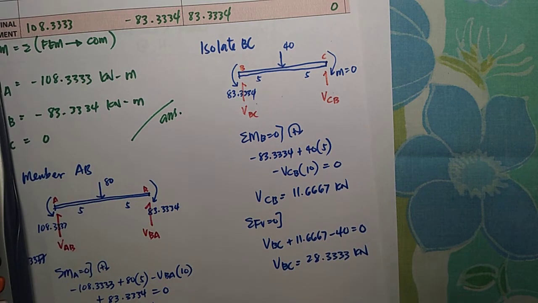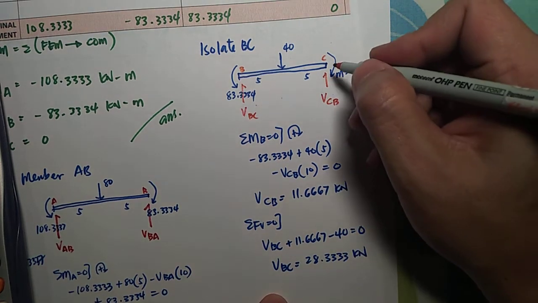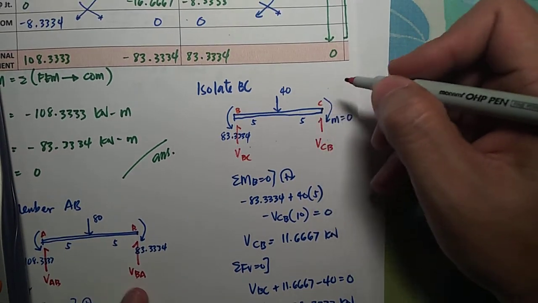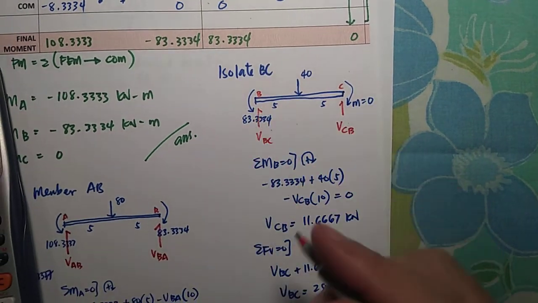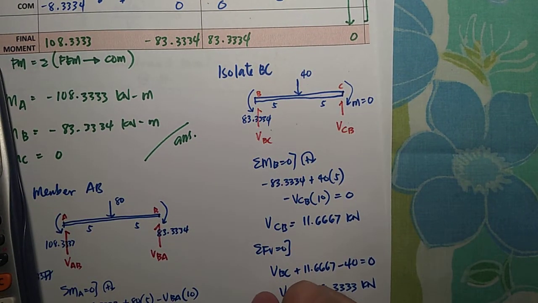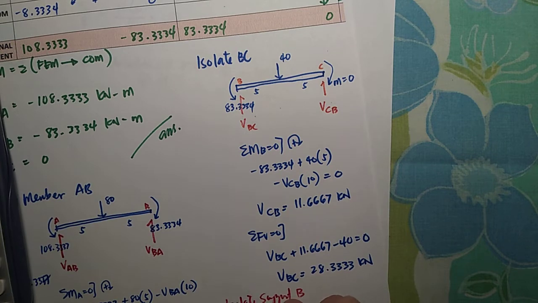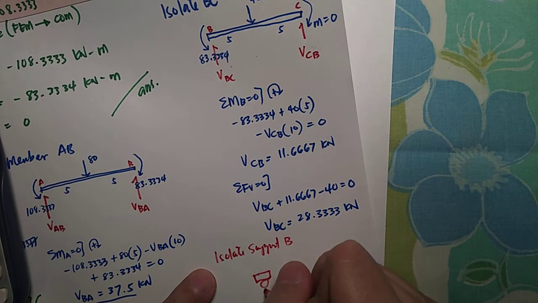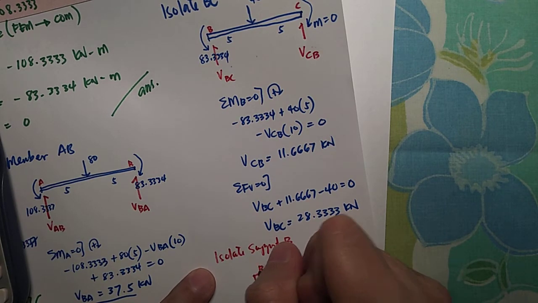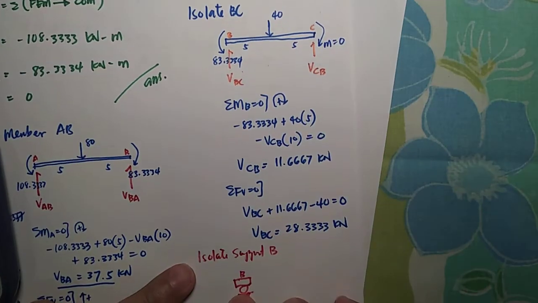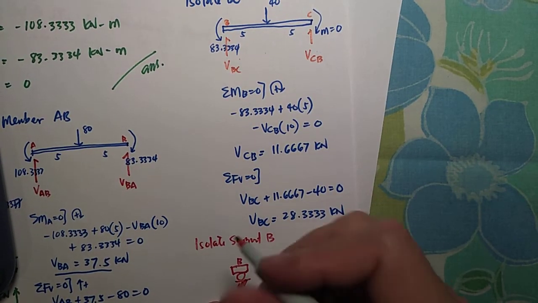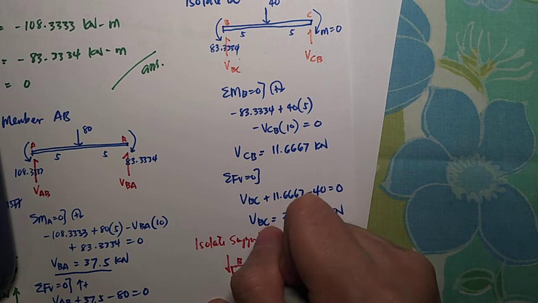Okay, now tignan nyo. So ang lalabas dito, pagka in-isolate mo yung roller support here, okay, isolate natin, say isolate support B na lang, yung nasa gitna, support B. So ano itsura niya? So ito yung member, okay, tapos ito yung roller sa B. Okay, so ano yung mga forces na nag-a-act dyan sa support na yan? Diba meron tayong shear siya rito, tsaka shear dito sa kanan.